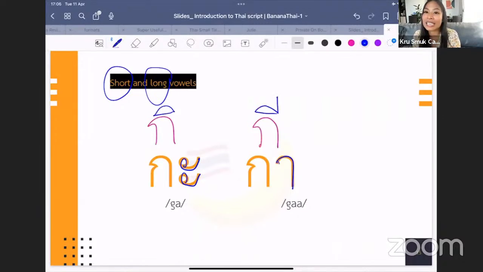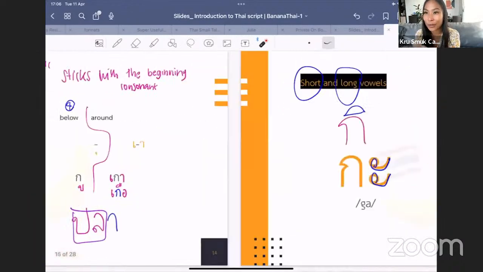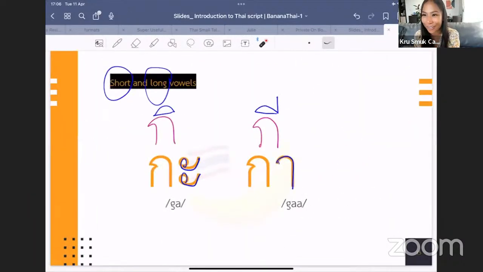Kii, sara ii, long sound. Okay, short and long vowel sounds. And again, it's important because this will also determine tone later. When you learn the vowels, learn the position, and learn whether it's a short sound or a long sound.